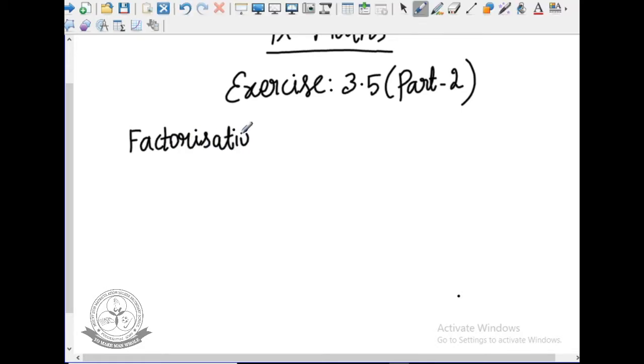Factorization using identity. In your textbook, page number 103.